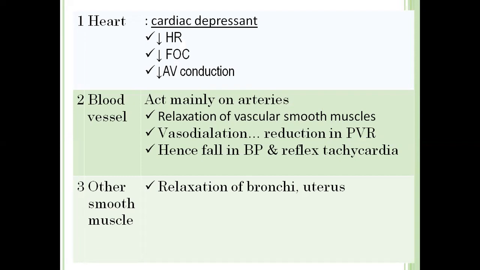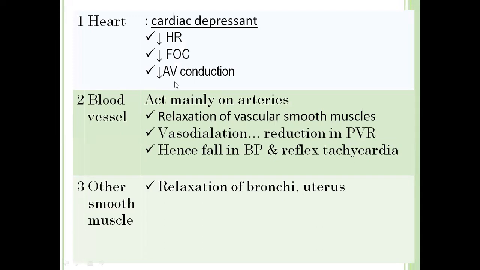In myocardium, calcium channel blockers generally act as cardiac depressants. That means they reduce the cardiac activity. Thereby, calcium channel blockers will reduce the heart rate, force of contraction, and AV conduction.